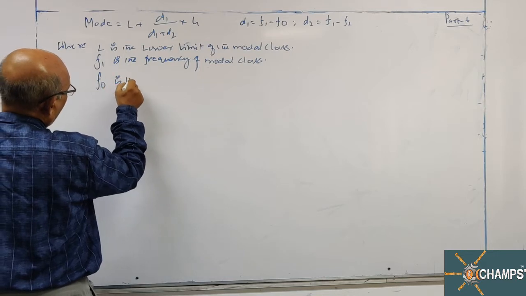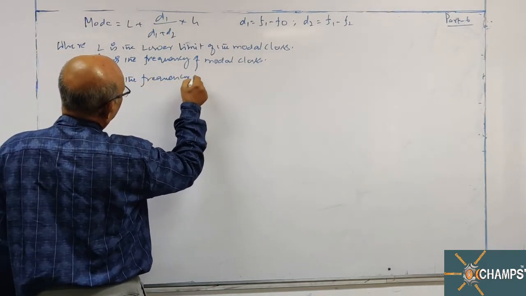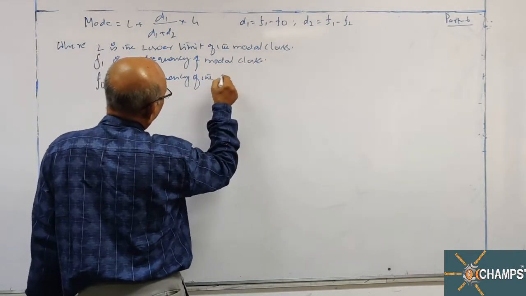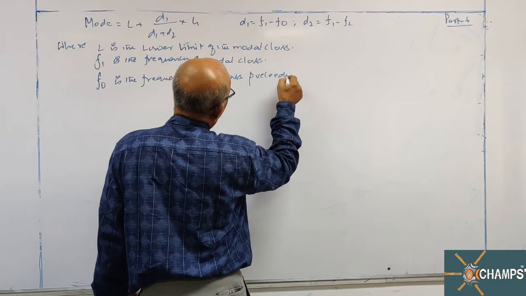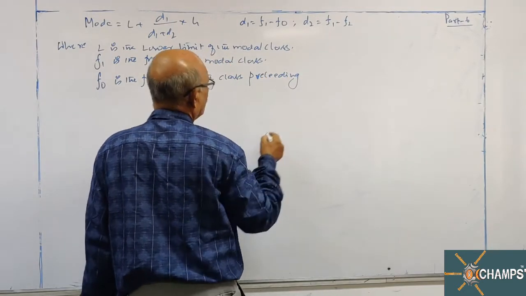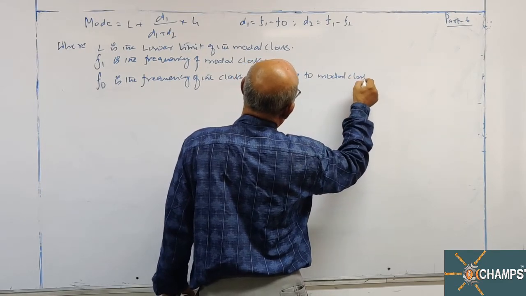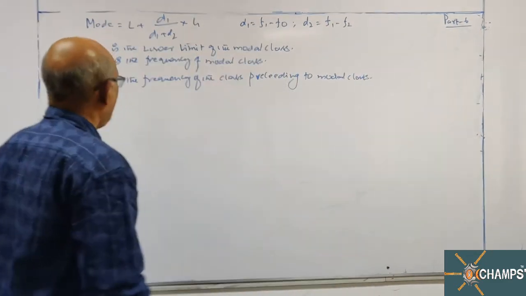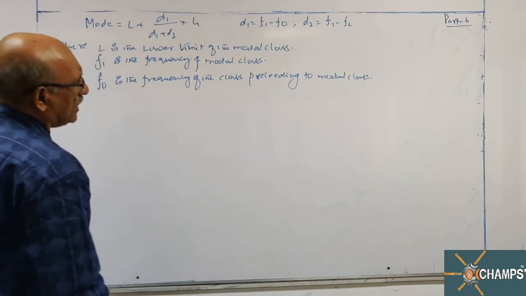F0 is the frequency of the class preceding the modal class.